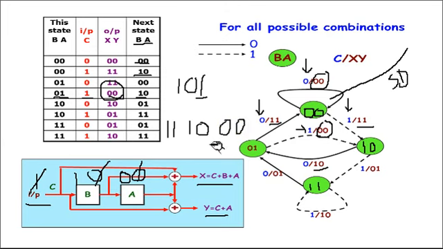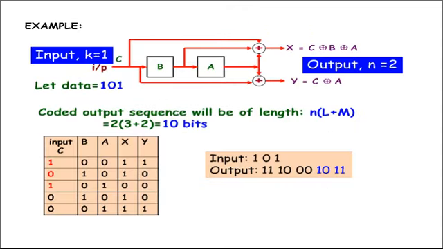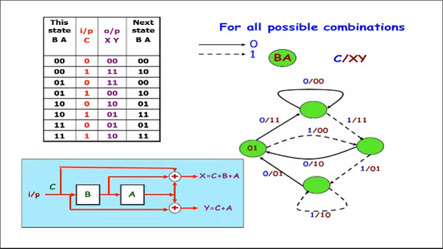So this is the same output which we got in the earlier stage, that is 1 1, 1 0 and 0 0. The same output we can track from the state diagram also. So thank you everyone. This is all about the state diagram representation for the convolutional encoder.